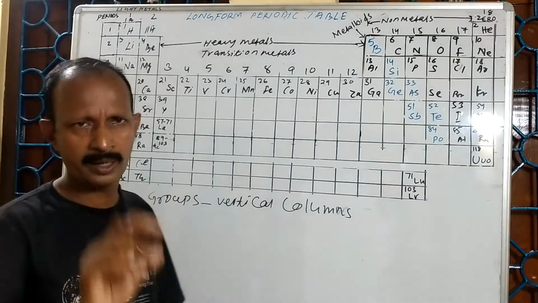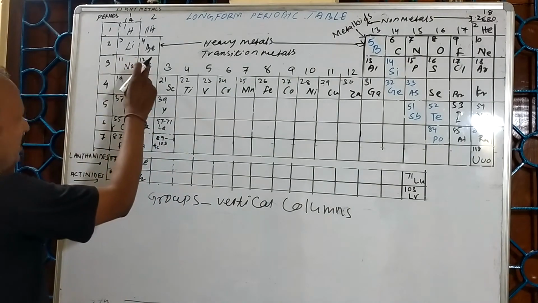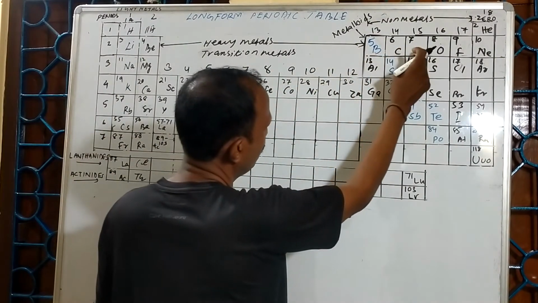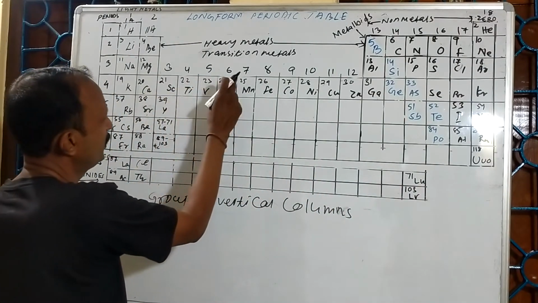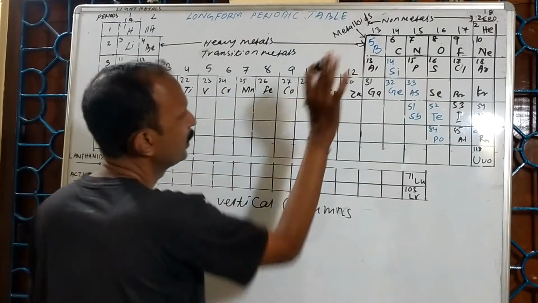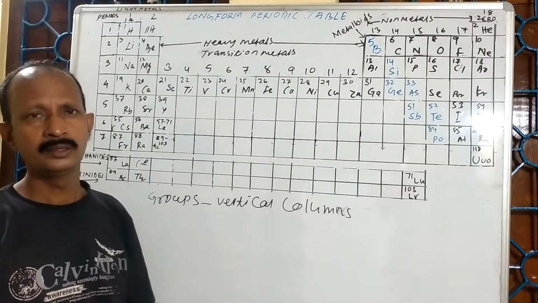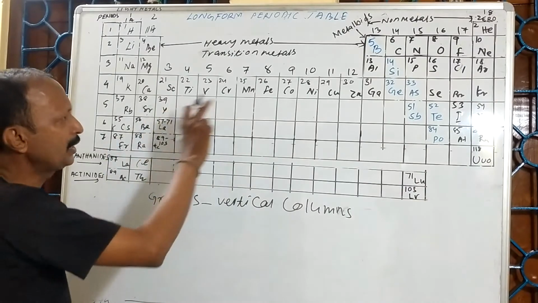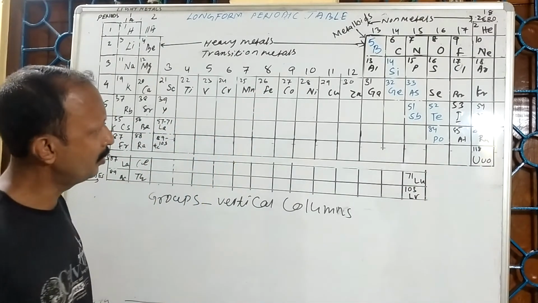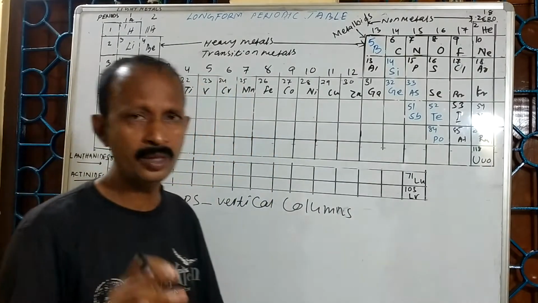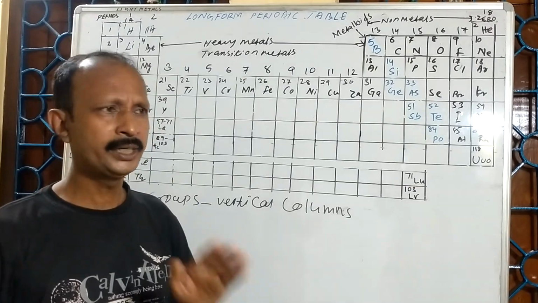Roman numerals also you can mention. Earlier we used Roman numerals: first A, second A, third A, fourth A, fifth A, sixth A, seventh A, eighth, then third B, fourth B, fifth B, sixth B, seventh B, eighth, first, like that you can find. But I have mentioned here Arabic numbers 1 to 18, which is the latest. 18 vertical columns are called 18 groups.